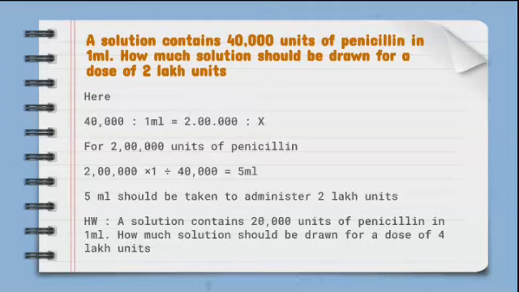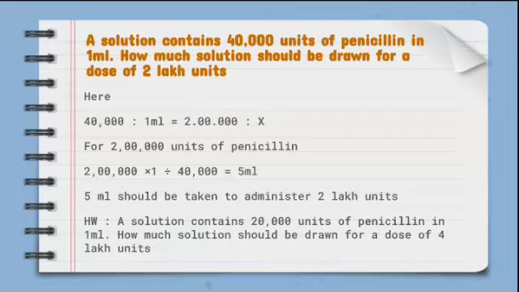A solution contains 20,000 units of penicillin in 1 ml. How much solution should be drawn for a dose of 4 lakh units? You can do the calculation with this sum and check whether you are able to find the answer or not. Take your notebook and write down the question I have given as homework.